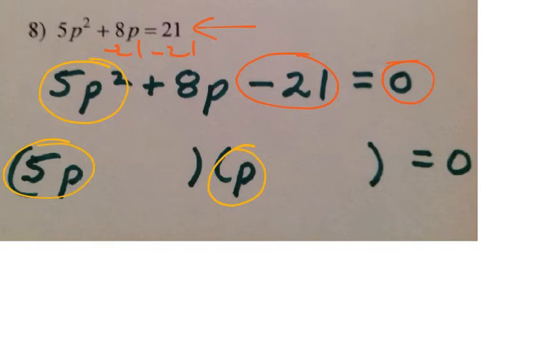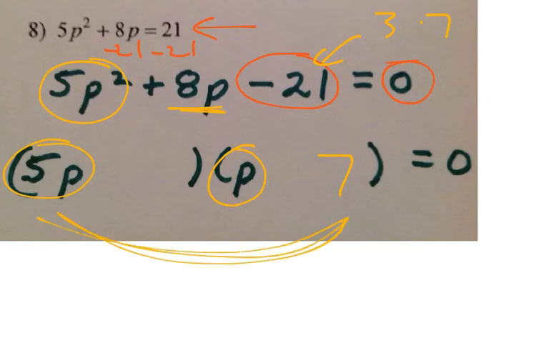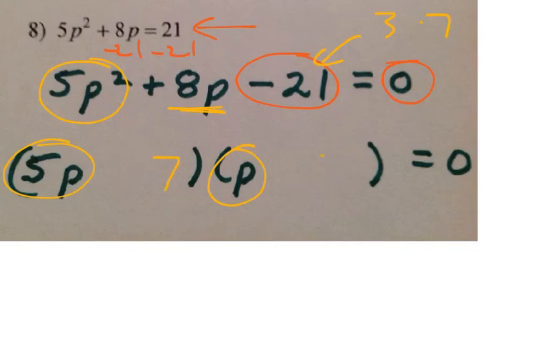Now 21, guys, normally it's 3 times 7, right? Don't be doing 1 times 21 again unless you need to. But let's see here. 3 times 7, I need this 8p in the middle, right? So if I put the 7 here, you see, I'm going to get 35. That's way too big. So that's why I know I ought to put the 7 there and the 3 there.